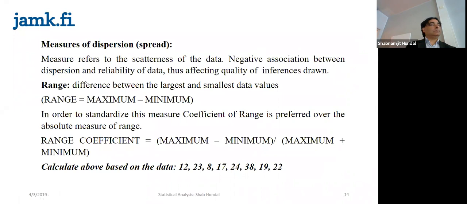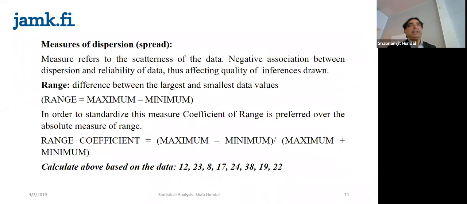Do we have coefficient of range out of fun? Range is okay, maximum minus minimum. What about the coefficient of range? Coefficient, remember we have 2 types of measures in life. One is absolute measure and the second is a relative measure. Relative or comparative measures.